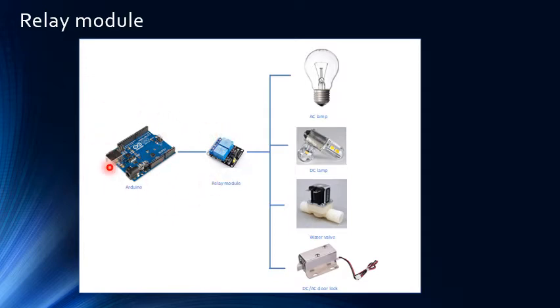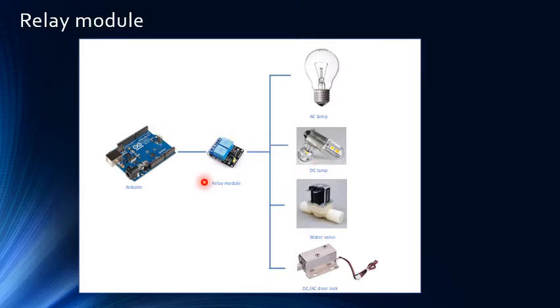Okay, the microcontroller, in this case the Arduino itself, cannot directly control the AC lamp. Why? The output is just 0 or 5 volt. It's not enough to drive the AC lamp. The AC lamp clearly requires AC voltage. Even if you want to control the DC lamp, you cannot do it directly from the microcontroller without the relay module.